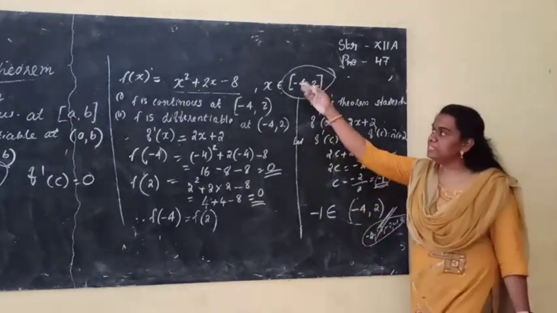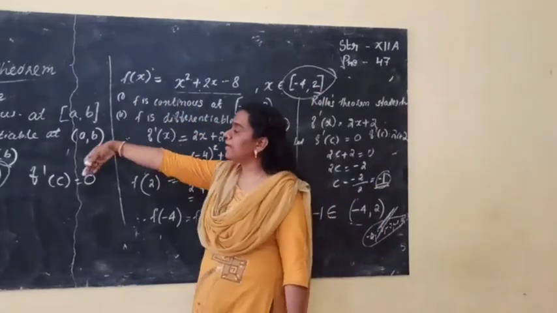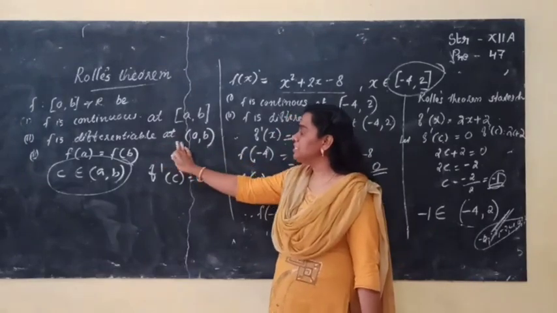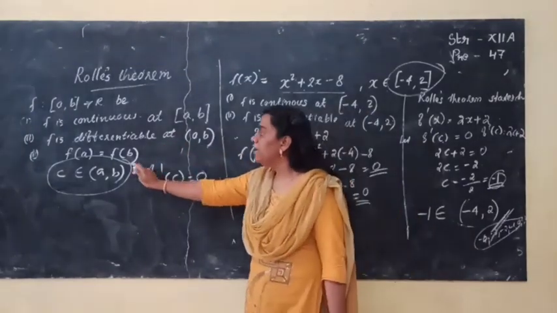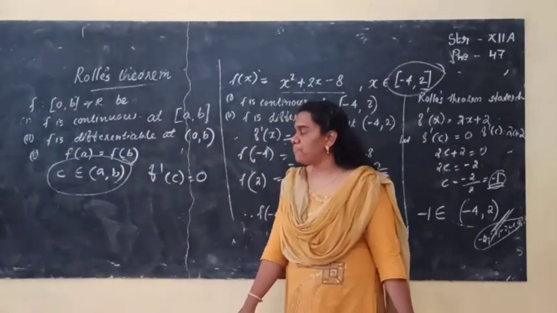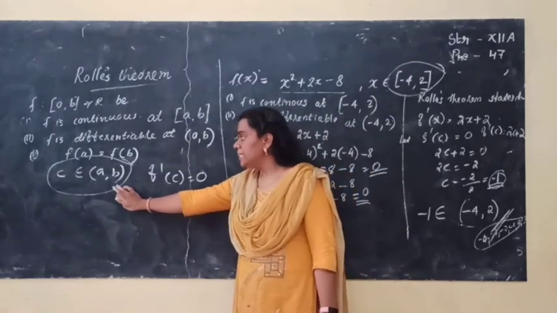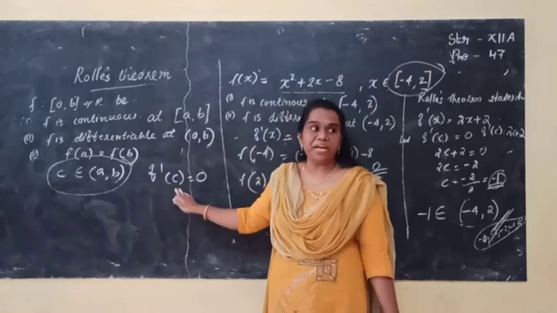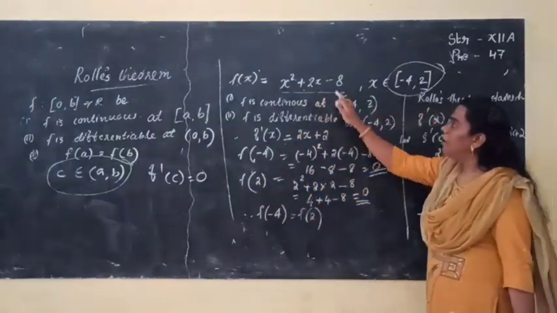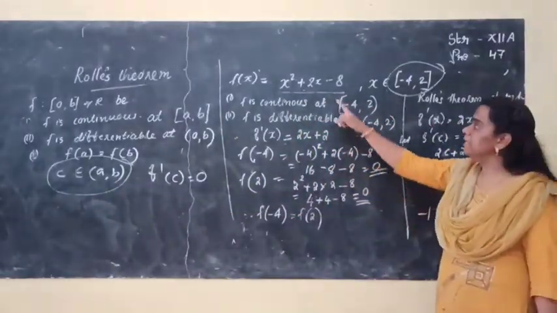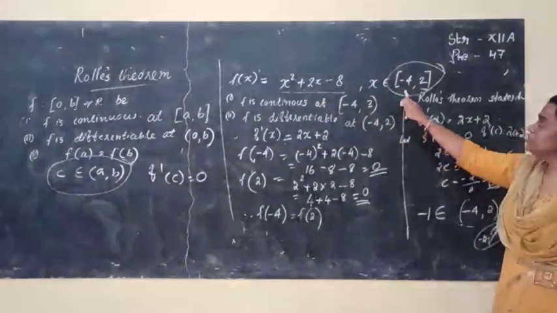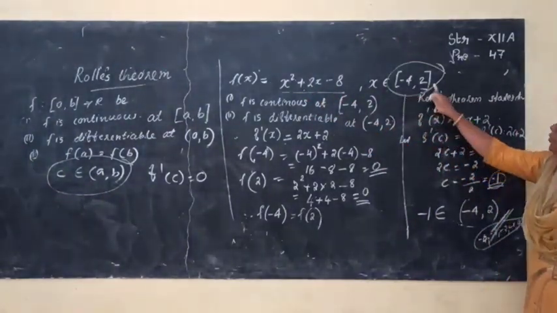Okay, let me explain this once more. Rolle's theorem, what are the conditions? f is continuous on the closed interval [a, b], and f is differentiable on the open interval (a, b), and f of a is equal to f of b. Then there exists a c belonging to the open interval (a, b) such that f dash c is equal to 0. Our question is f of x is equal to x square plus 2x minus 8, and x belongs to the closed interval [-4, 2].